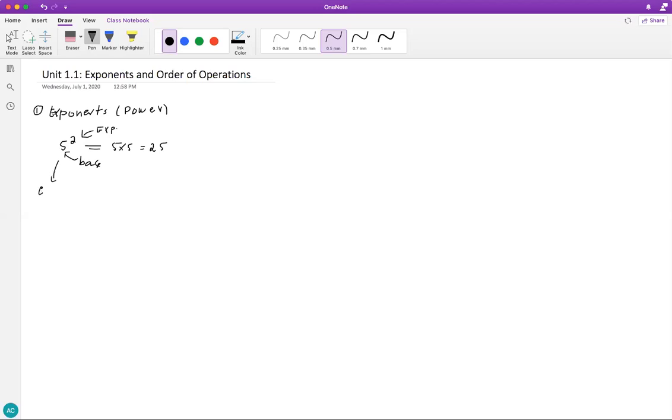This is what we call exponent form, and here, it's what we call the expanded form. That's when we break it down into multiplication. Basically, exponential expressions are just another way of writing multiplications. So instead of writing 5 times 5 times 5, I don't know, 18 times, you just say 5 to the 18th power.